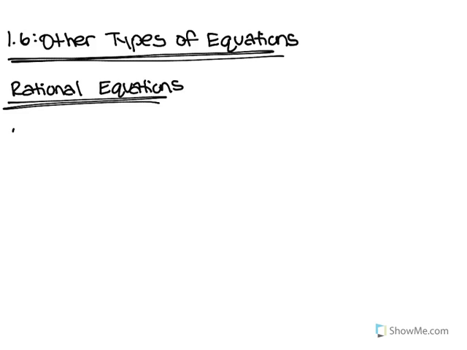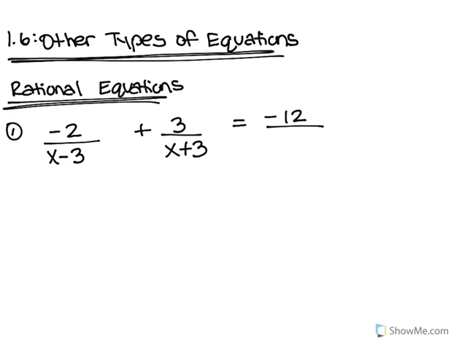So, first example, if we have -2 over x minus 3 plus 3 over x plus 3 equals -12 over x squared minus 9. Now, if it's an equation, you know you're solving for x, okay? I want to know, what does x equal?